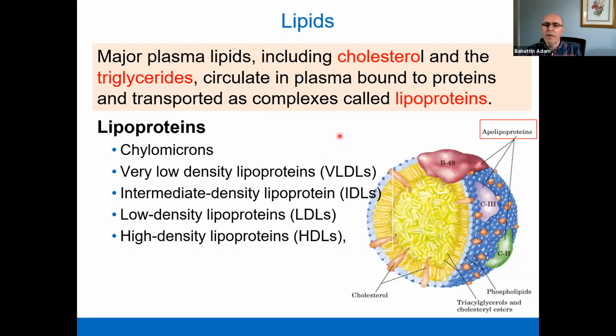Note there are five main types of lipoproteins: chylomicrons, very low density, intermediate density, low density, and high density lipoproteins.